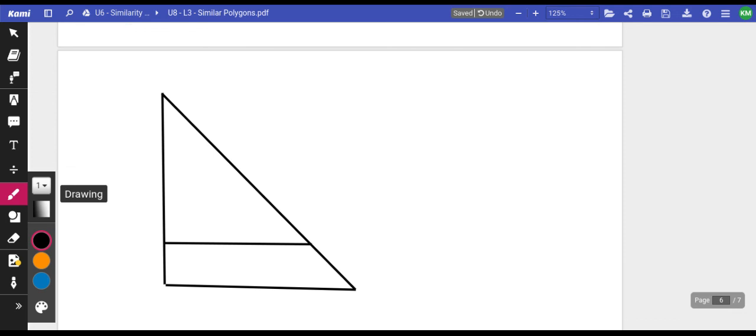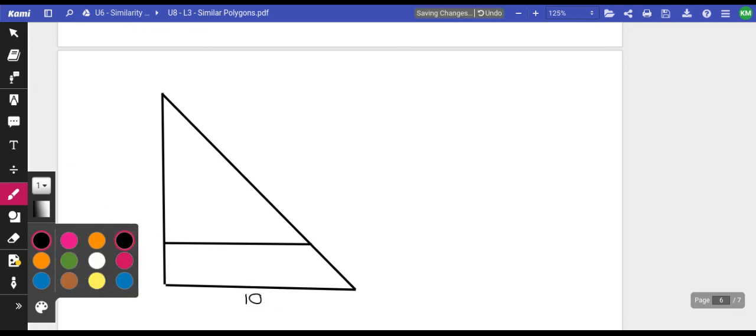Okay, so I'm seeing that we have a 10 and an 8, yeah? And I'm also seeing that we know that we have a right angle. And we have a 55 degrees. 2 right angles. Very good.